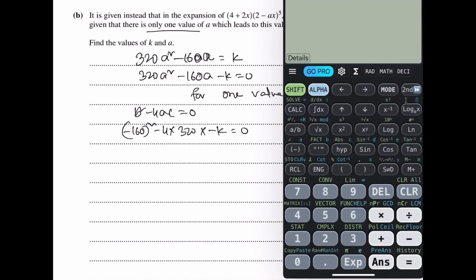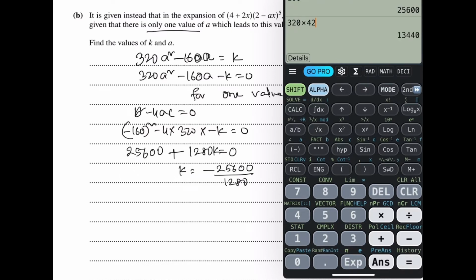So 160 squared is 25600 plus 320 into 4, so it is becoming 1280k equals 0. So k equals minus 25600 by 1280.